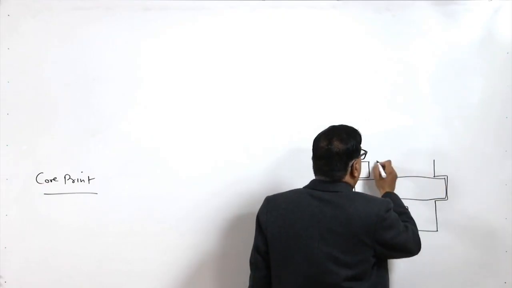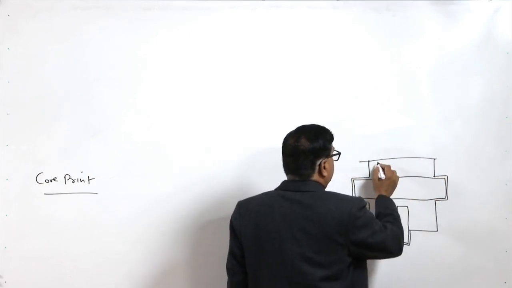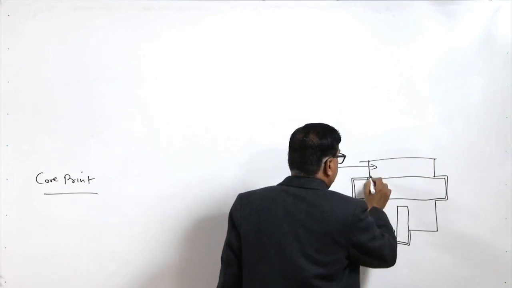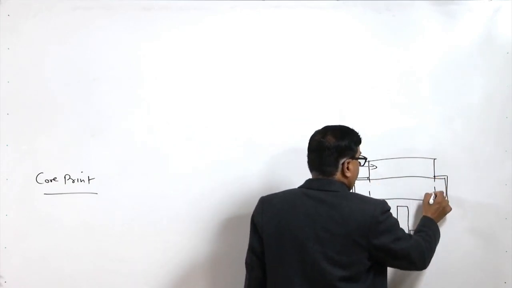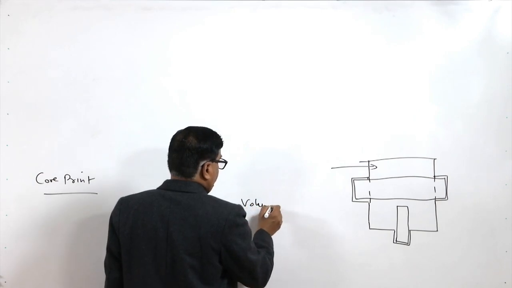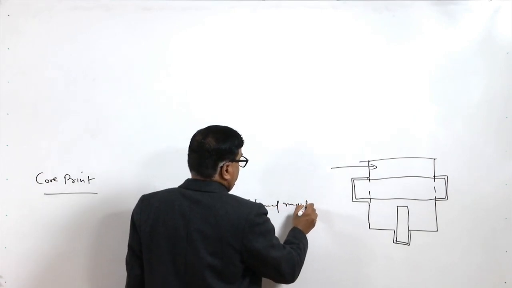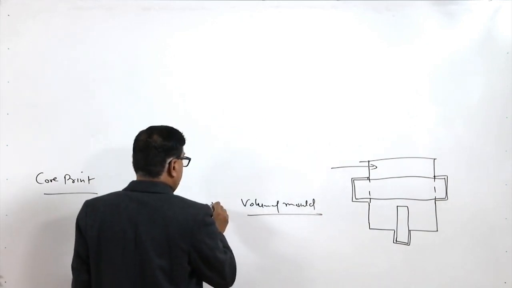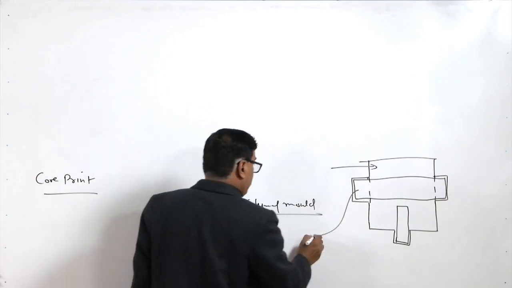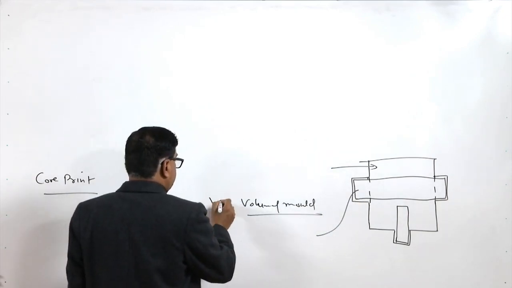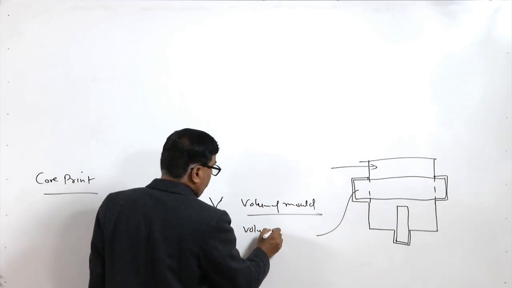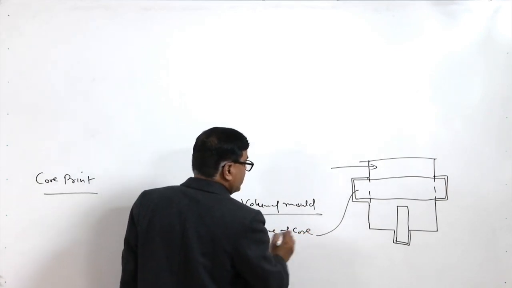So, considering this example, say the volume of the mold, this is the mold basically, is capital V, and the volume of the core which is placed is small v.